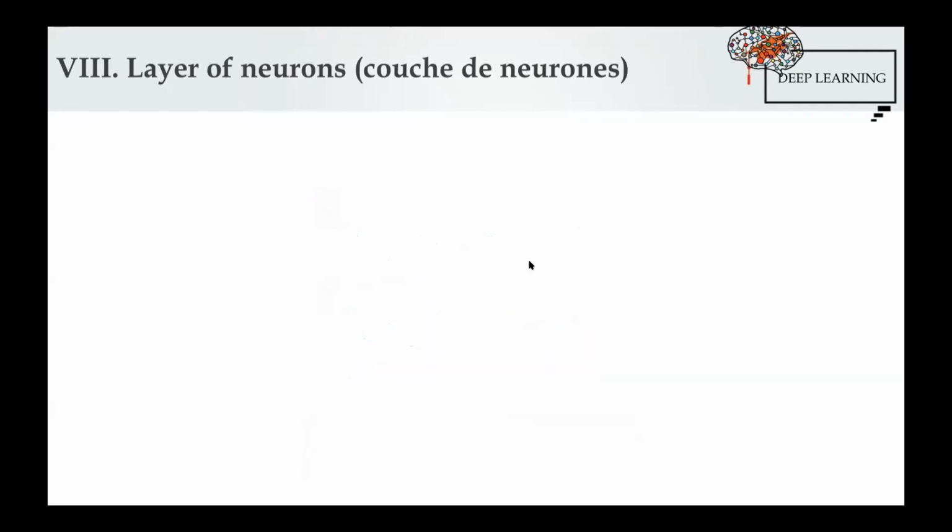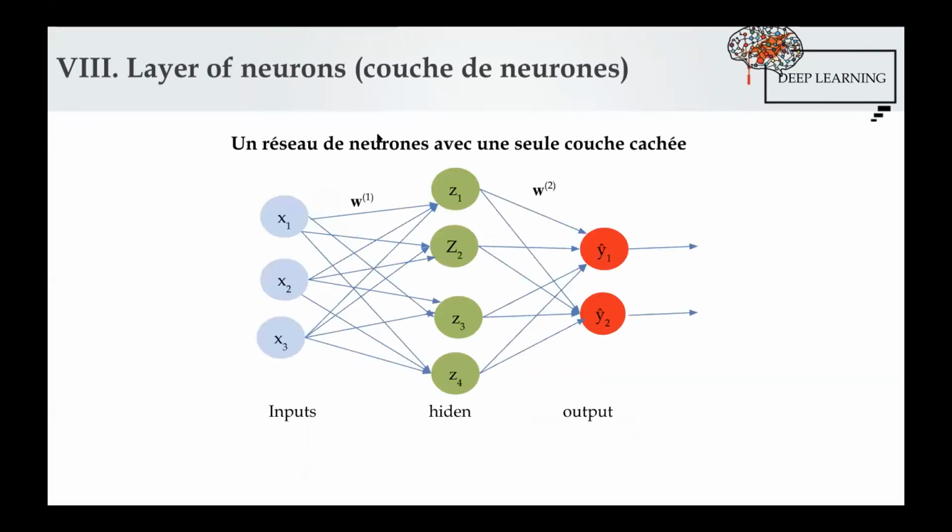Là, on a un réseau de neurones, mais ce n'est pas un réseau profond. Pour parler de réseau de neurones profond, de deep learning, il faut avoir deux ou plusieurs couches. Là, on a une seule couche, mais c'est pour montrer comment se propage l'information.